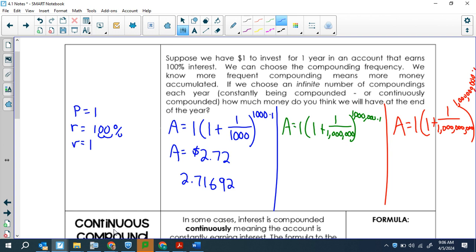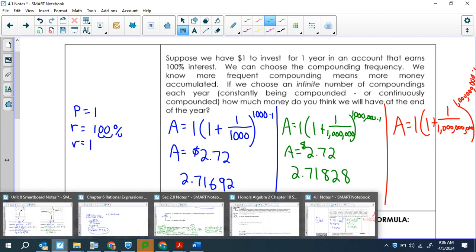All right, someone who did the million. 2.71828. Yeah. And again, that's going to round to $2.72, right? But if you notice, it's a little bit higher, but not much.